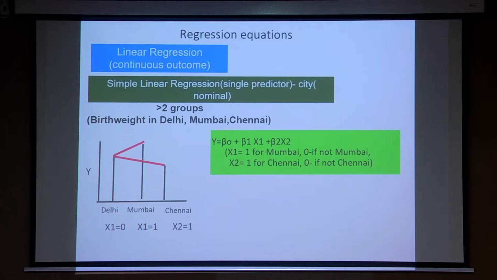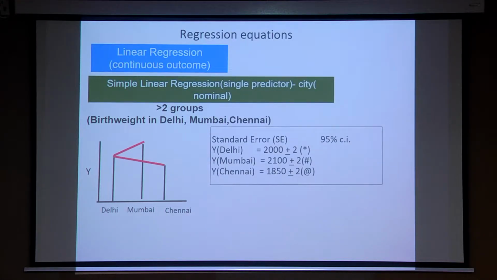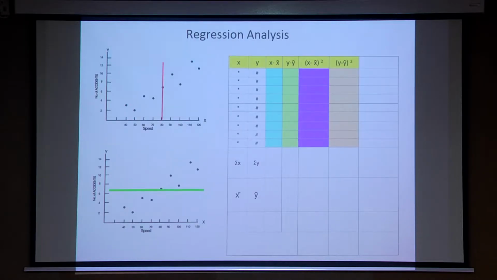So you apply the values 1 or 0 in the simple regression equation and get the birth weight of that city. And you will get a standard error for each value, Delhi, Mumbai, Chennai.